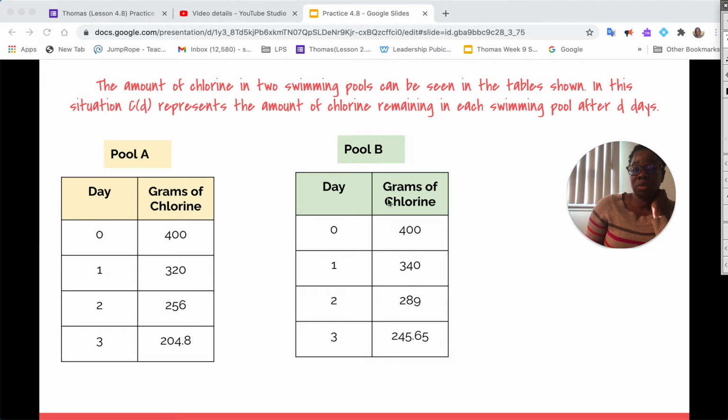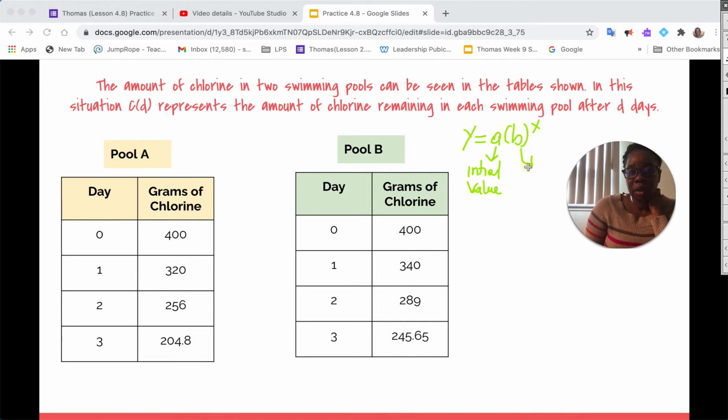So just recalling that our equations come in the form for exponential situations, y is equal to a times b to the x, where our a is our initial value. I know you might be tired of hearing that right now, but repetition is helpful.